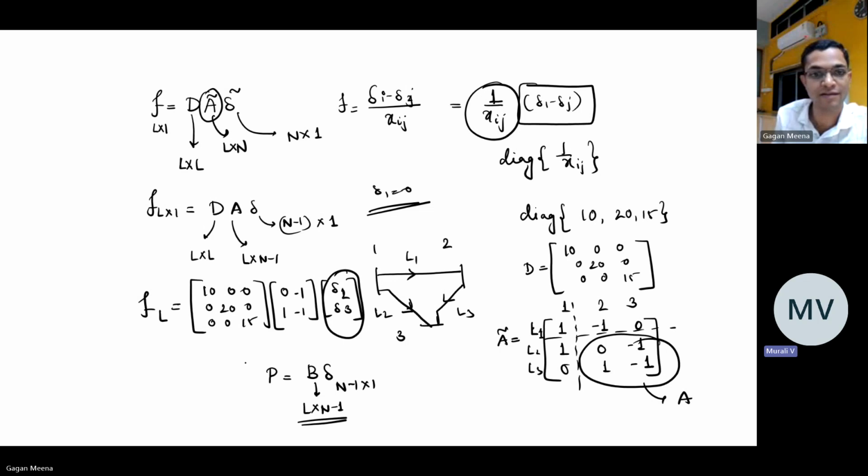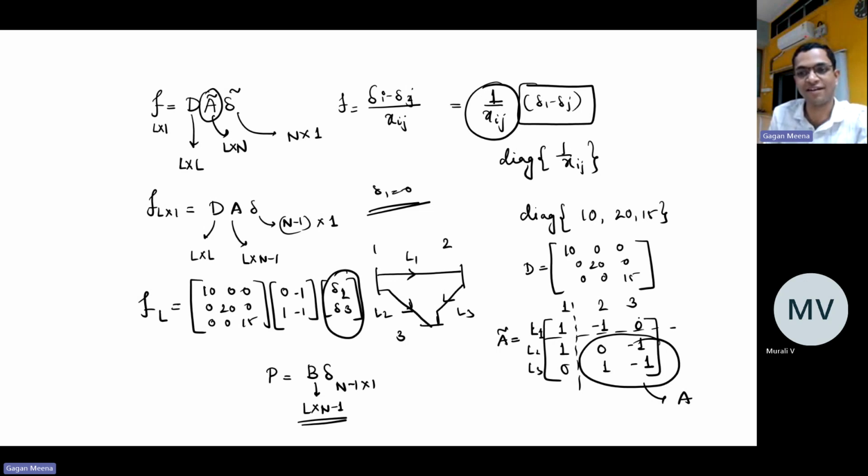Matrix A. Because D is 3 by 3, and A is 2 by 2, so you cannot multiply now. That should be 3 by 2, yes, correct. It means we have to consider columns 2 and 3.